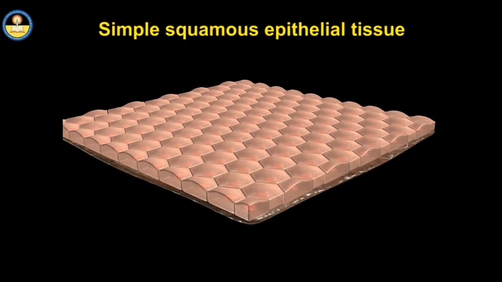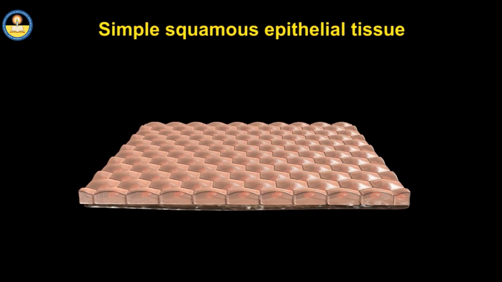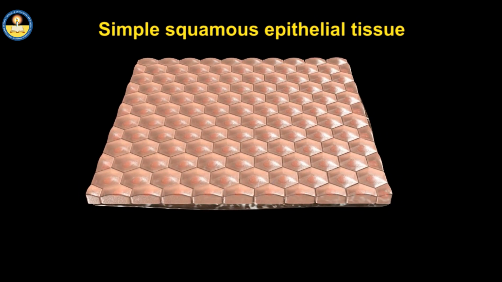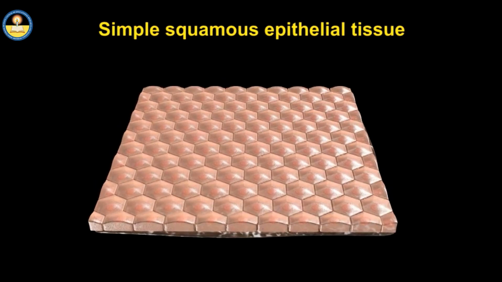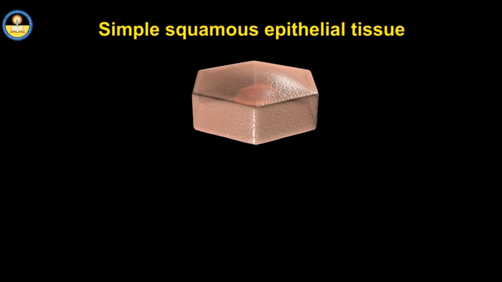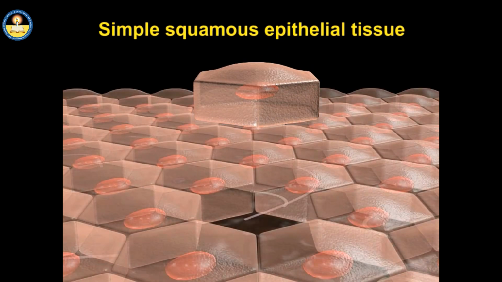Simple squamous epithelial tissue consists of a single layer of thin and flat cells. Such arrangement allows them to have a large surface area. The shape of the nucleus also corresponds to the shape of the cells, and elliptical nuclei are present.